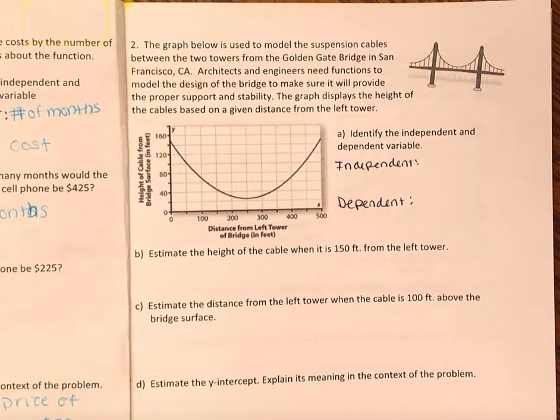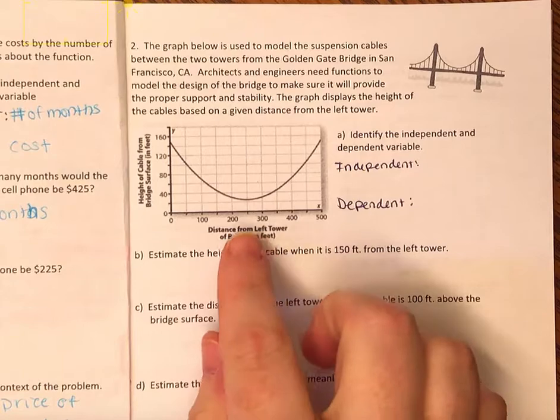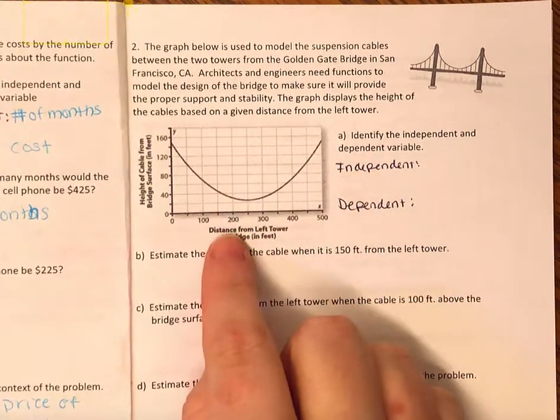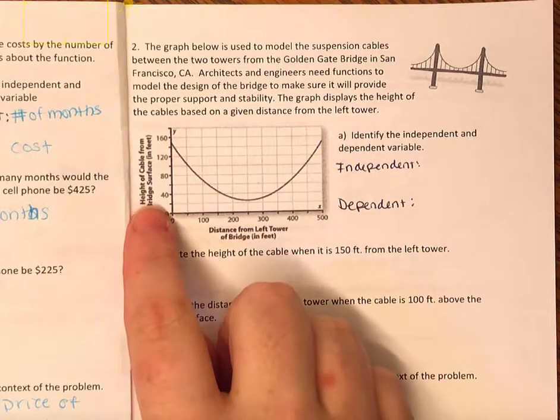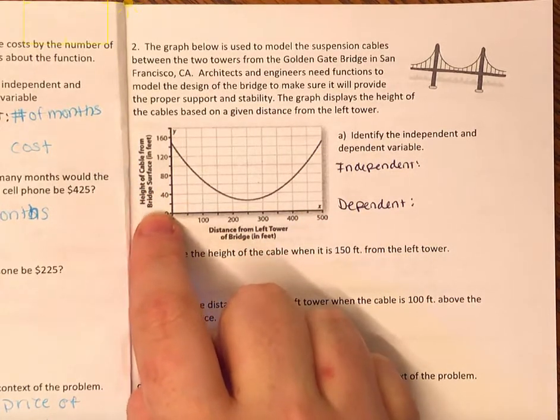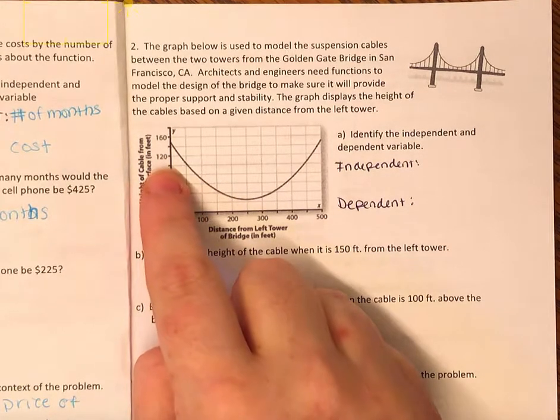The independent variable is the one that you can logically change, and the dependent variable is the one that is affected because you change the independent. So we can change quite easily the distance from the left tower. The dependent would be the height from the bridge; it depends on how far away it is from the tower.